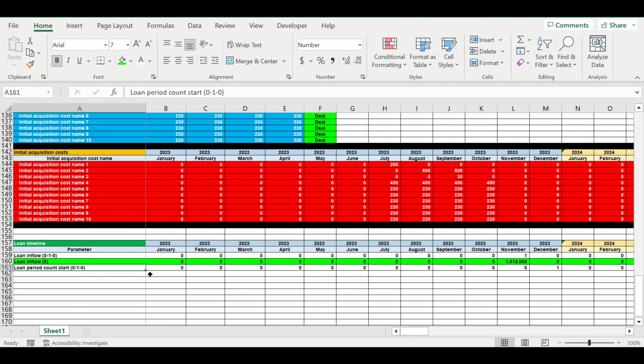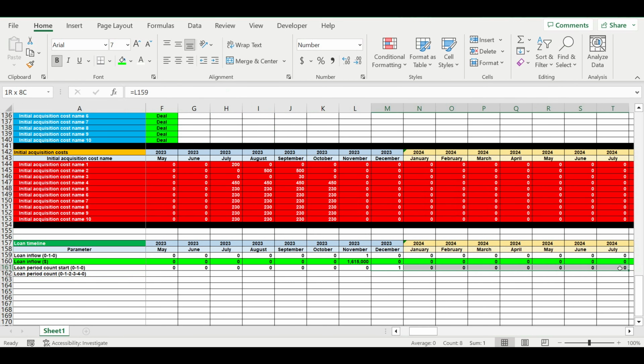Loan period count. Now we will start counting the loan period from this moment: 1, 2, 3, 4, 5.